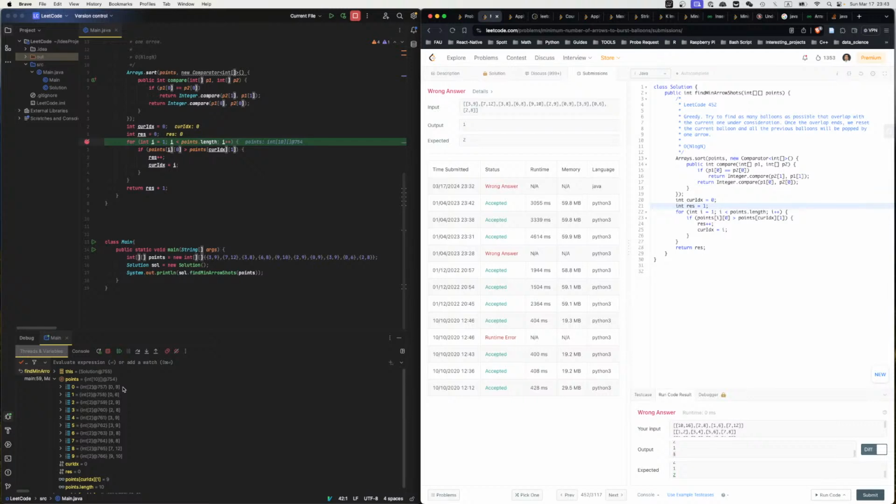Which means the starting point, we have this, and we have this, right? And these can be shot by one of them. We need to find, basically it needs to be the minimum of this.